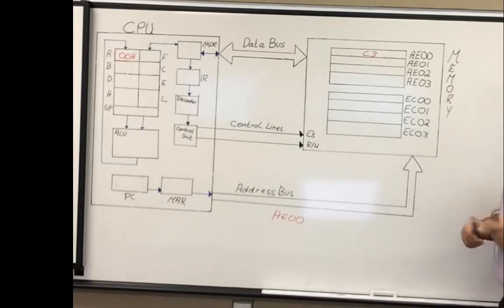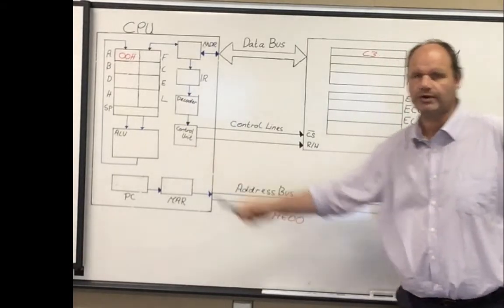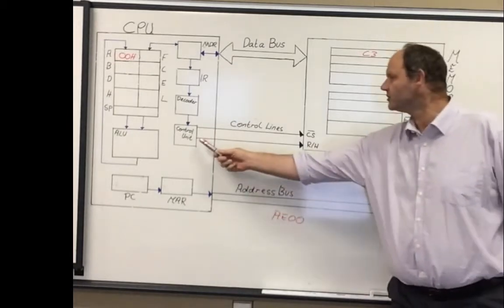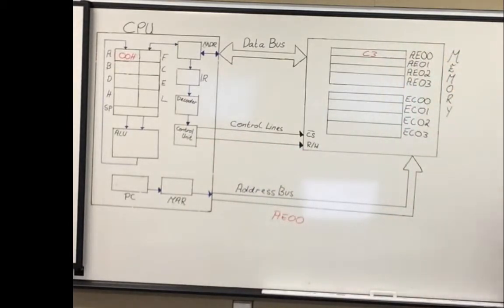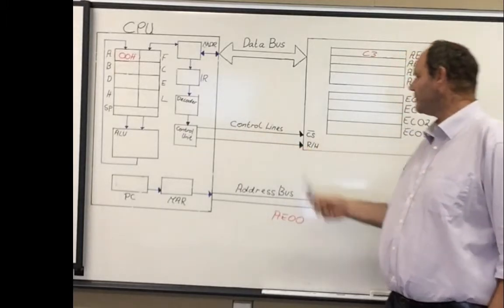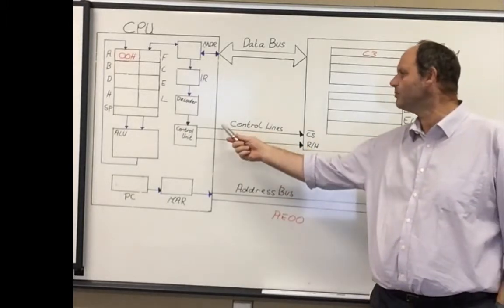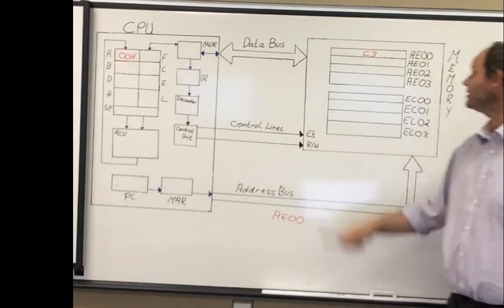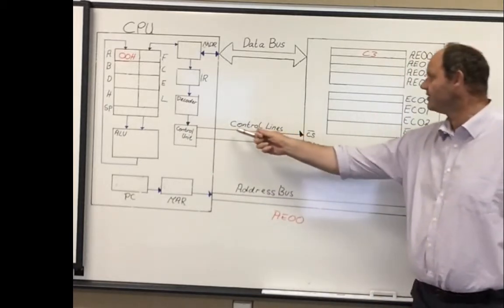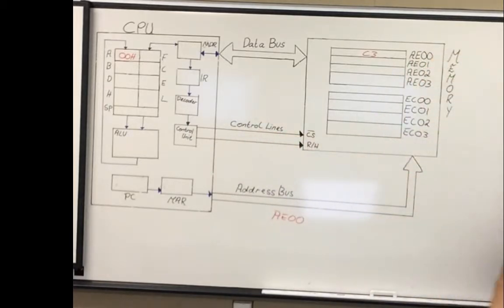Now, we have here our control unit with control bus lines as well. Where these control lines come in is that we have a small charge of electricity which goes from the control unit to memory, and this line, the CS line, essentially tells the chip, the memory, to turn on.